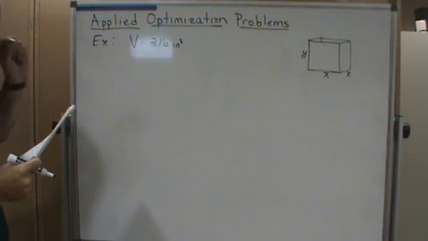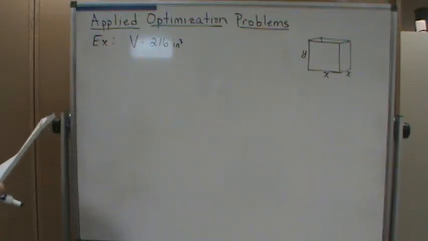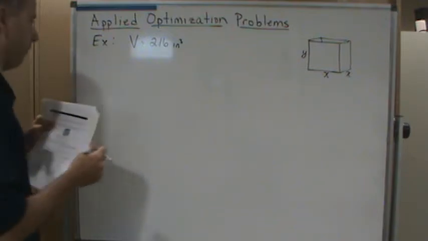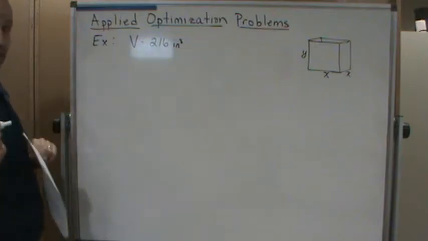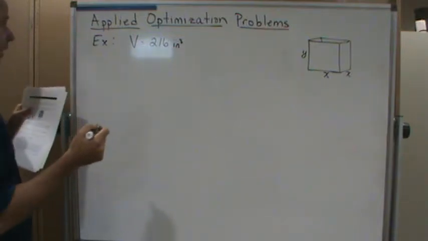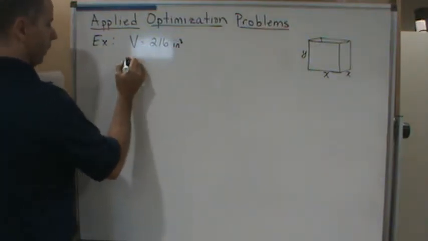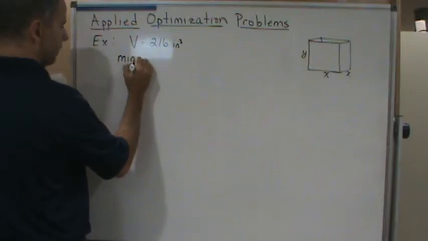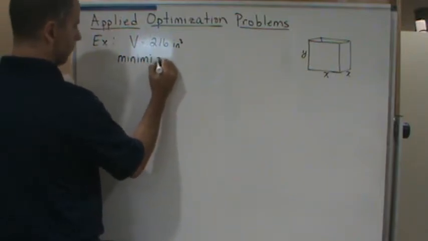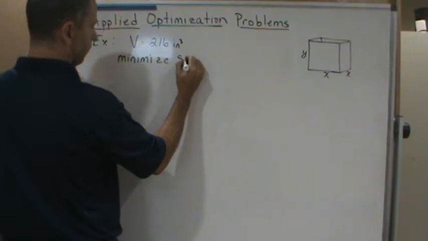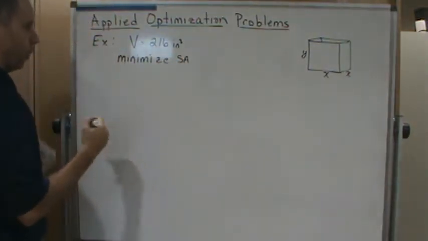Okay, so now here's what they want to do. It says a rectangular box with a square base and open top and a volume of 216 cubic inches is to be constructed. What should the dimensions of the box be to minimize surface area of the box? So we want to minimize surface area. Now what is surface area?